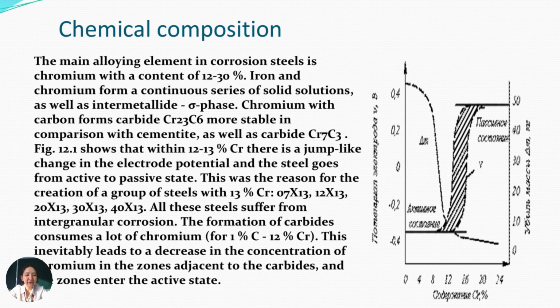All these steels suffer from intergranular corrosion. The formation of carbides consumes a lot of chromium. This inevitably leads to a decrease in the concentration of chromium in the zones adjacent to the carbides, and these zones enter the active state.